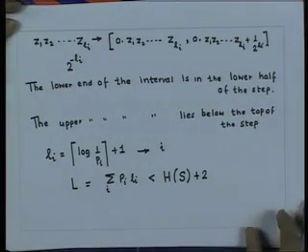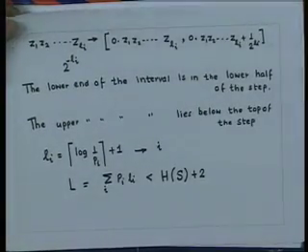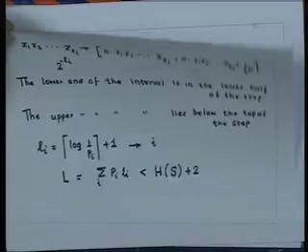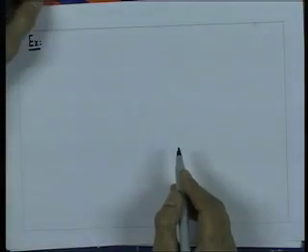Now, let us look at some examples to understand this coding scheme. Let me first consider an example where the probabilities of the letters of the source are dyadic.